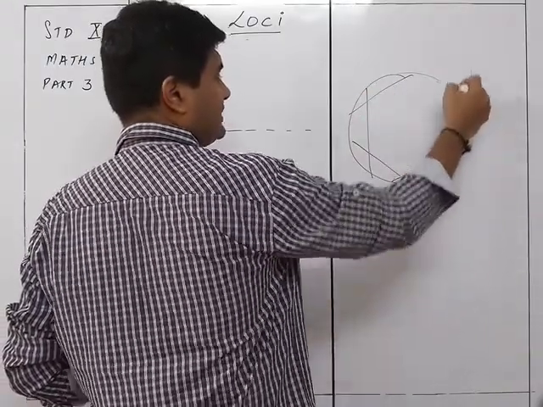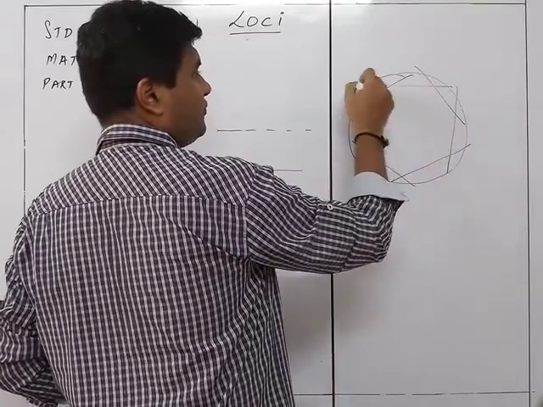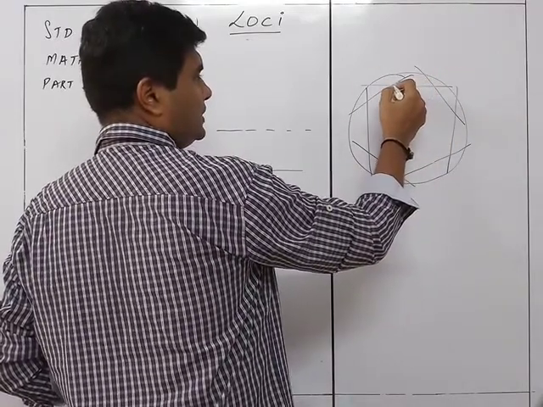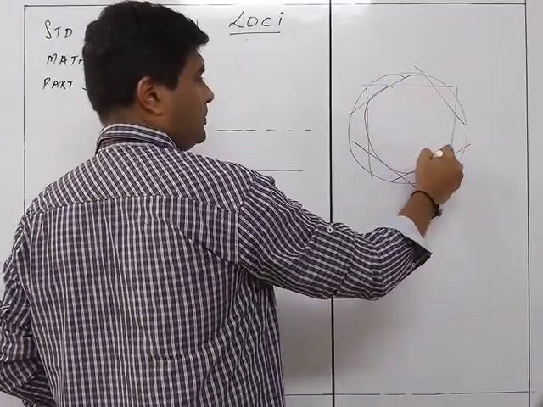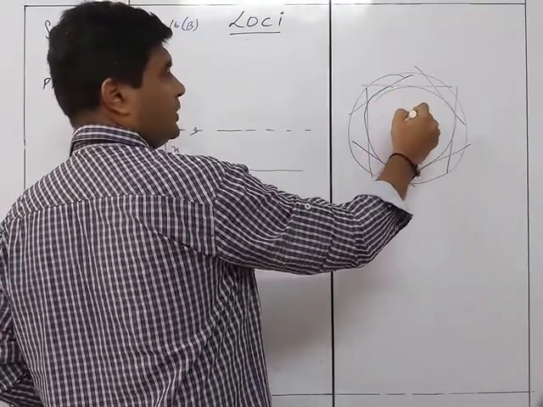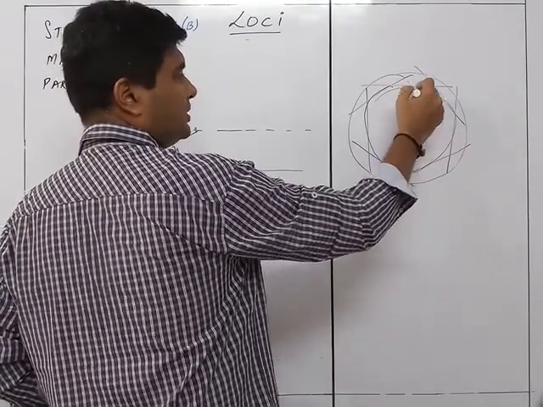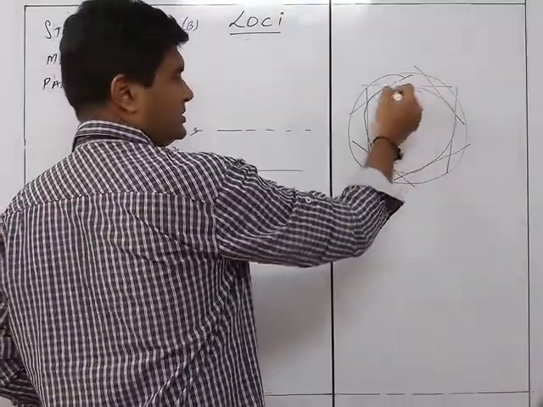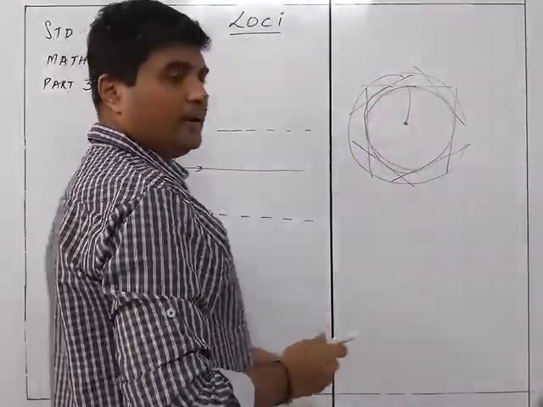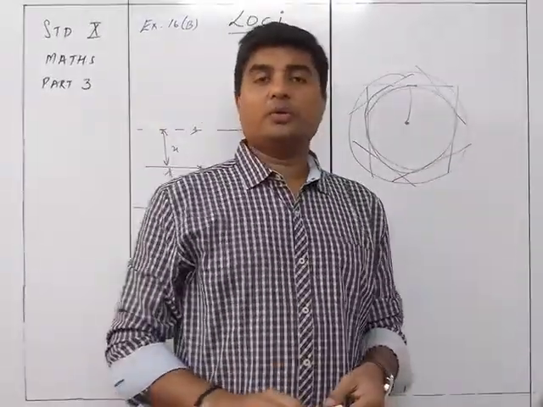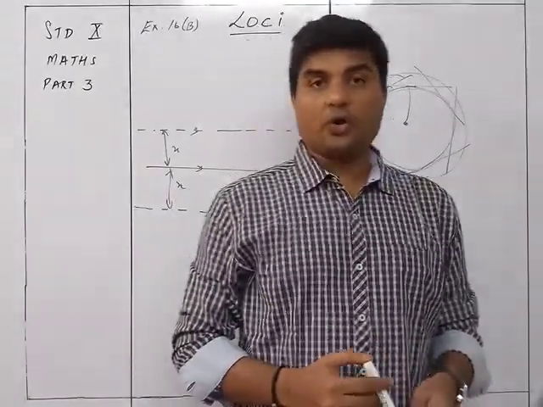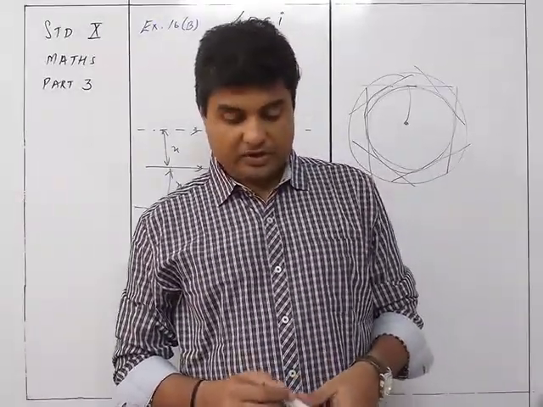Accordingly, the locus will be a circle whose radius is equal to the distance between the center of the circle and the chord.